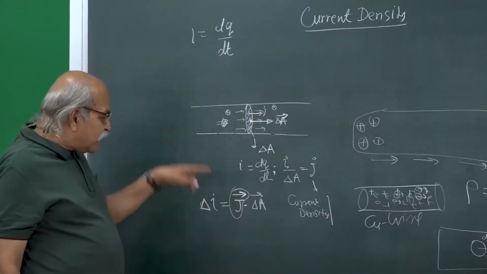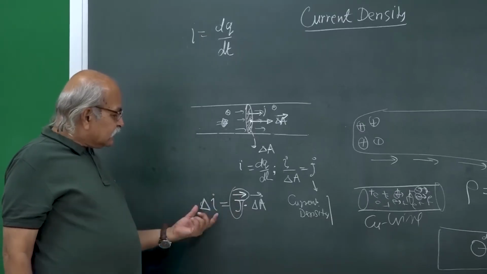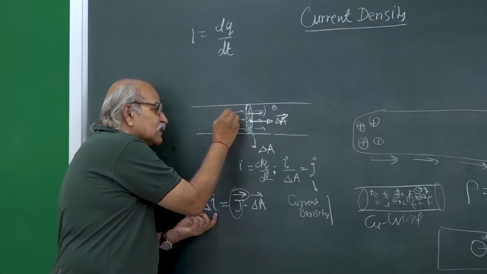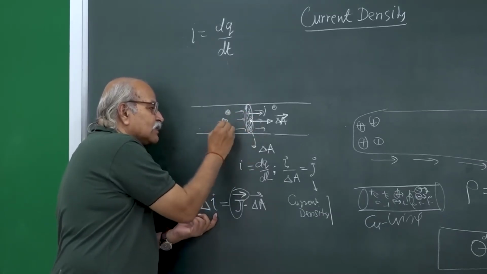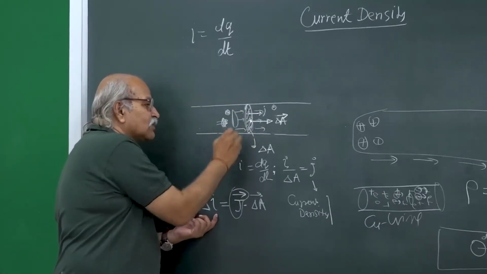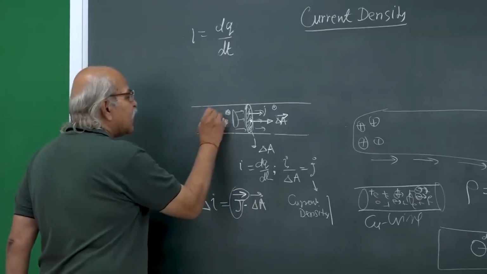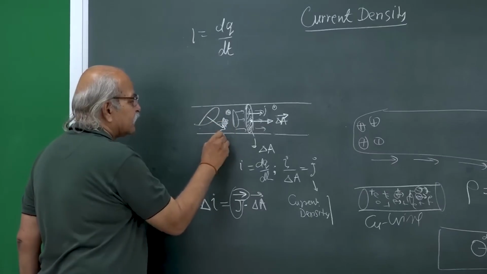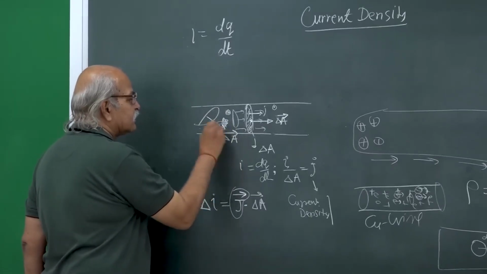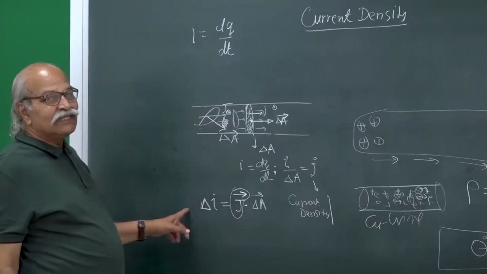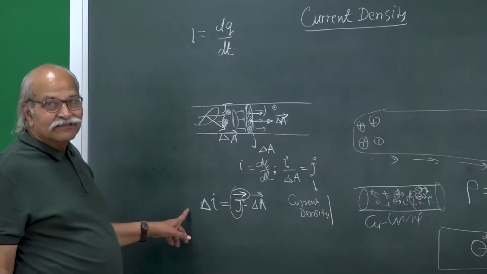So at every point you have its own J, and this delta I is through that whole cross section, whatever area you make. And if the area is slant, no problem. This is delta A, this is J. J dot delta A will still give you the current.